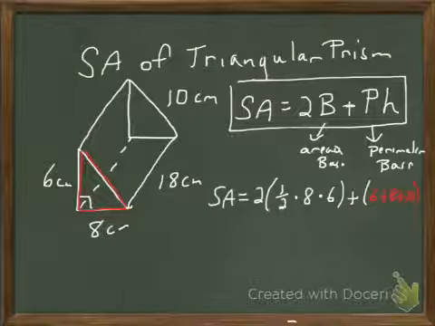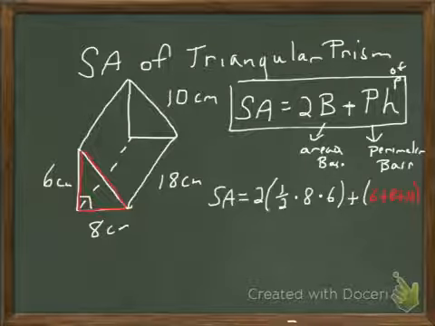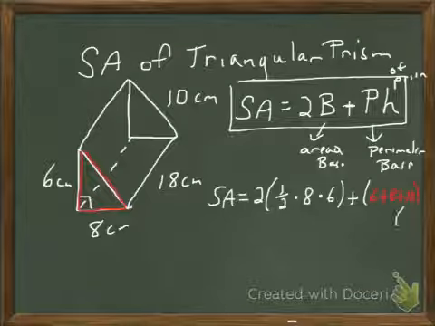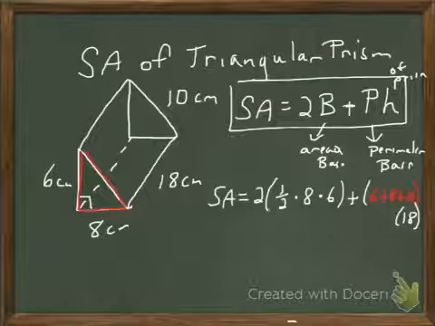The H is not standing for the height of the triangle, but for the height of the prism, which is the line between the two bases, so it would be the 18. Make sure that you know that this is of the prism. I have to squeeze in a times 18 here. That says 6 plus 8 plus 10 times 18.